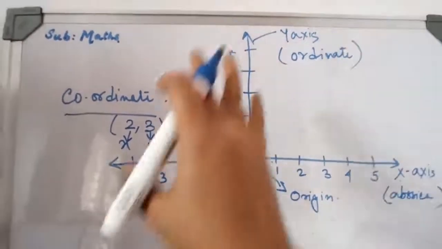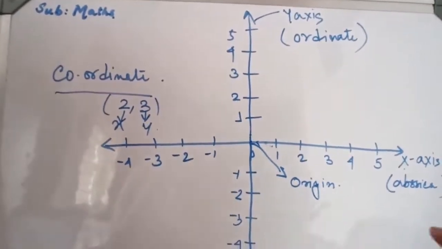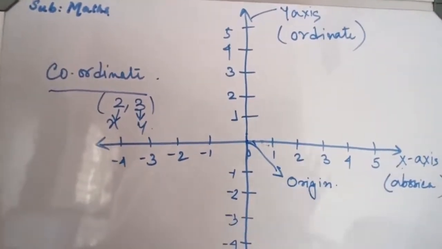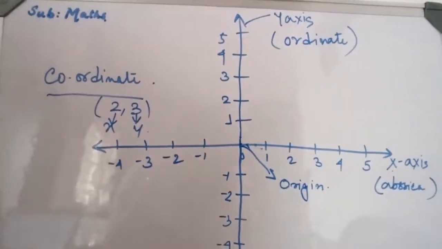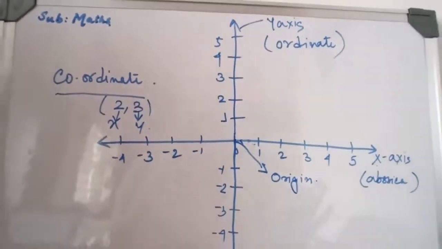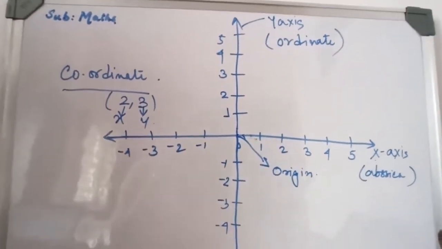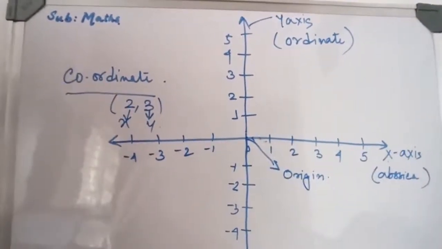And as we are plotting points, which means we are drawing graphs, lines and curves, it is also geometry. So hence we can say coordinate geometry is a combination of geometry as well as algebra.